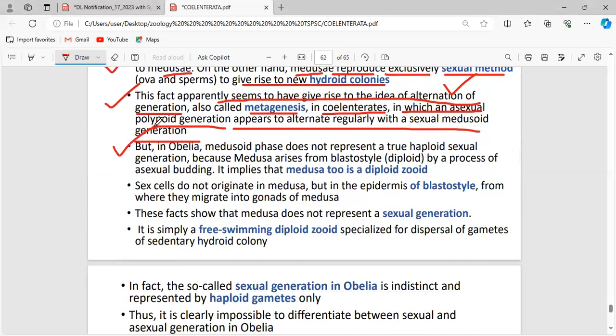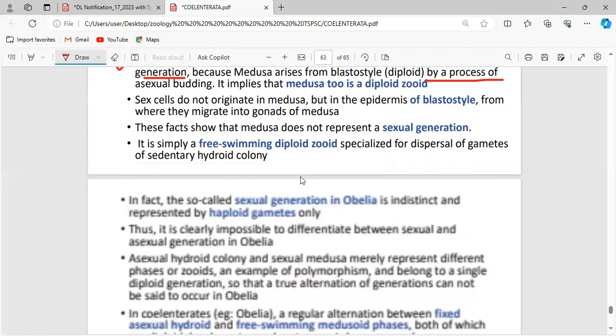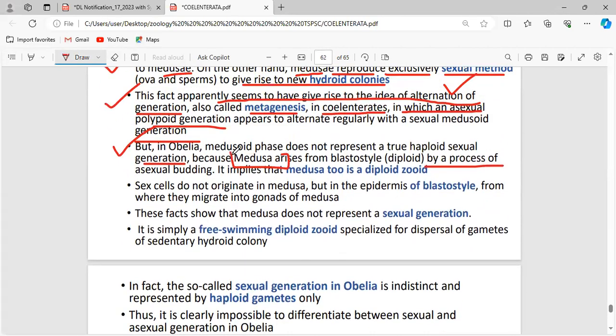But in Obelia, this medusoid phase does not represent a true haploid sexual generation, because the medusa arises from the blastostyle by the process of asexual budding. As I have explained, in the hydroid colony in Obelia, the medusa arises from asexual budding, so it is not a true alternation of generation.